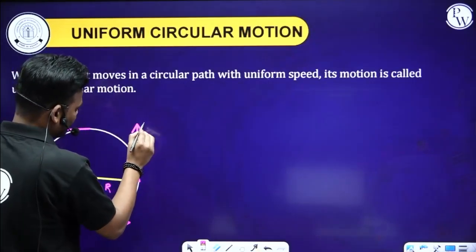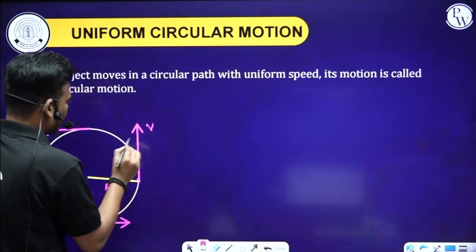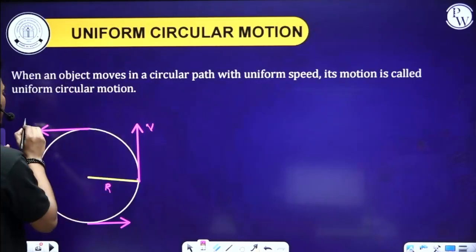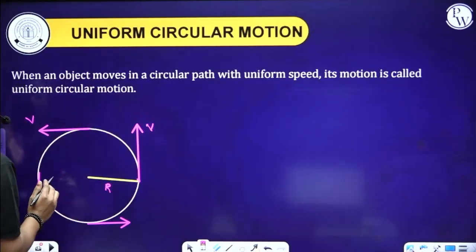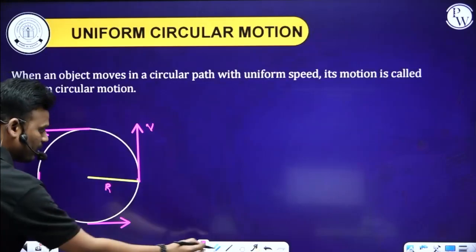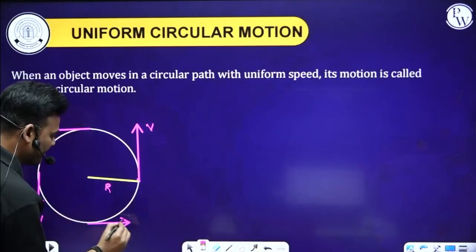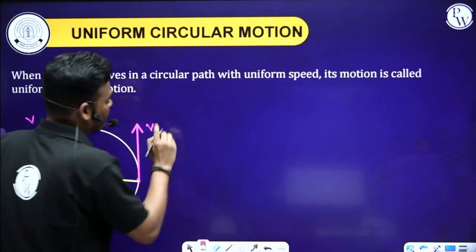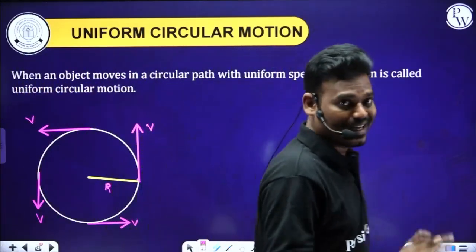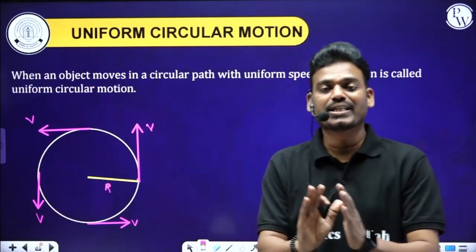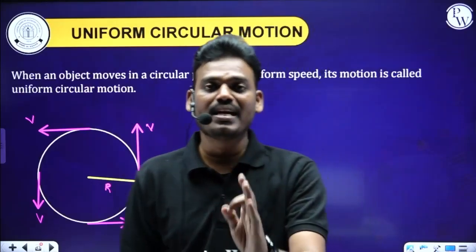So the direction is changed. This velocity is upward, and this velocity is to the left-hand side, the west direction. This is the south direction. This is also velocity and this is also velocity. Uniform circular motion means the speed of the particle remains the same but the direction keeps on changing at every interval of time.